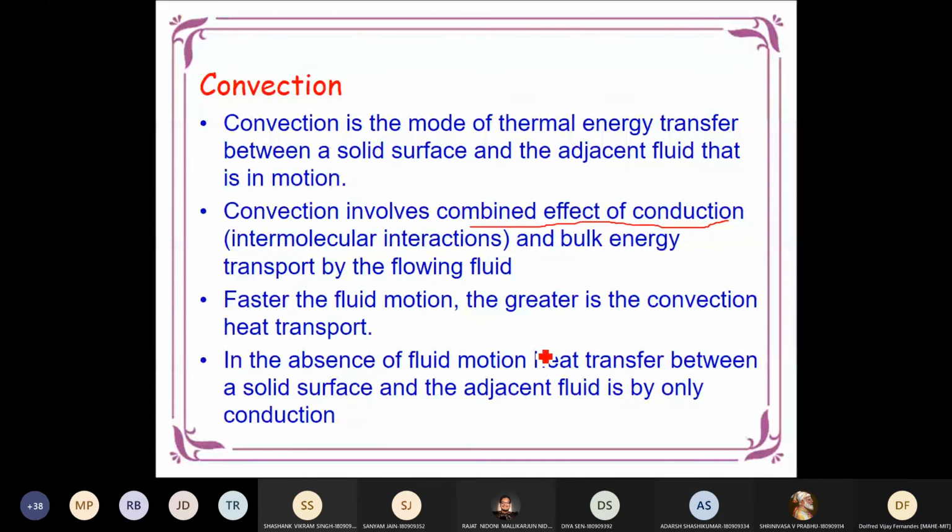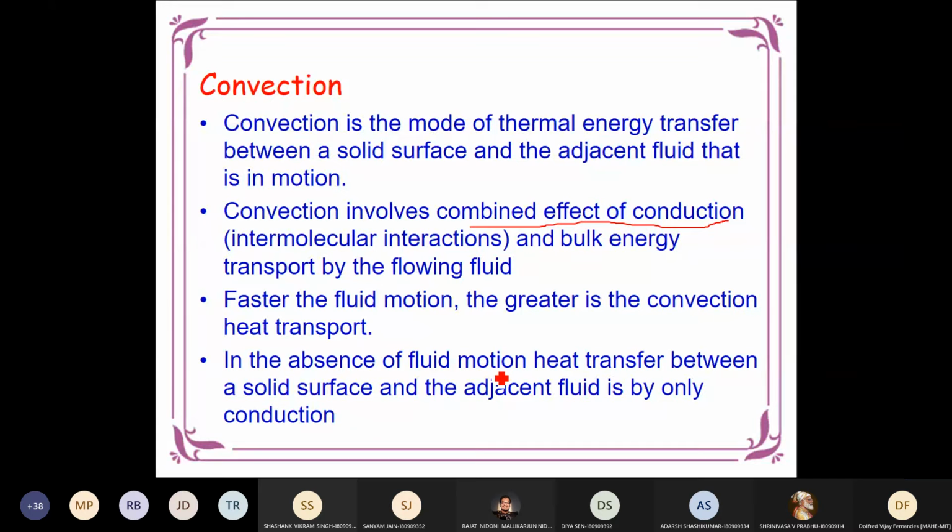This is because of density change. Hotter fluid will become lighter. The molecules go far from each other and its density will decrease, and because of that, the low density fluid will move up, and the cold, higher density fluid will come down. So this motion will be set up.